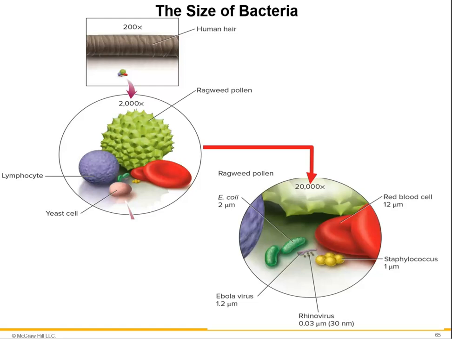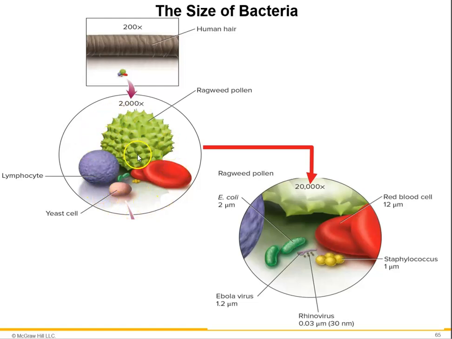All right, this image is trying to give you an idea of the relative size of bacteria. So here we're looking at a human hair, and it's been magnified 200 times, okay? Next to that, you see this clump of things. So let's zoom in on that clump of things. Now we've zoomed in 2,000 times.